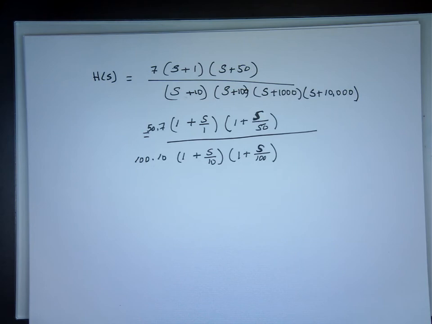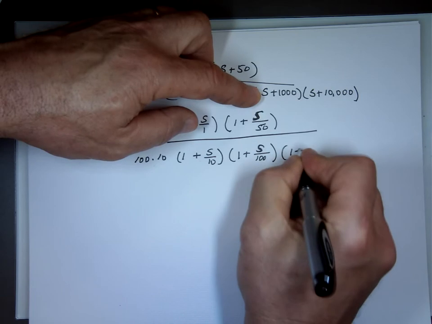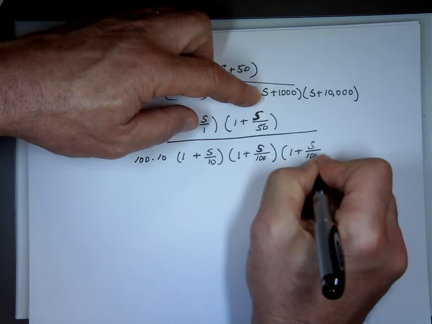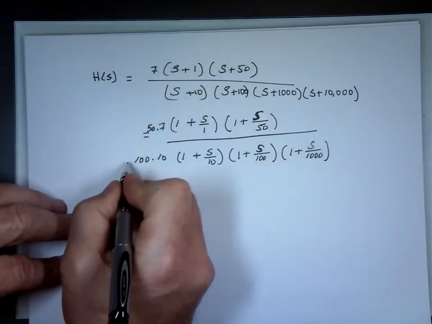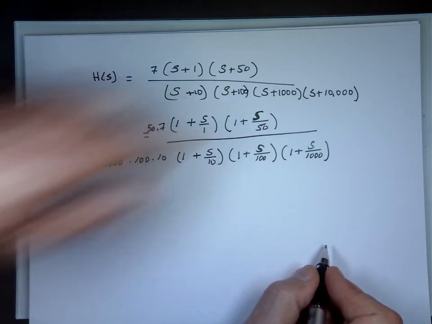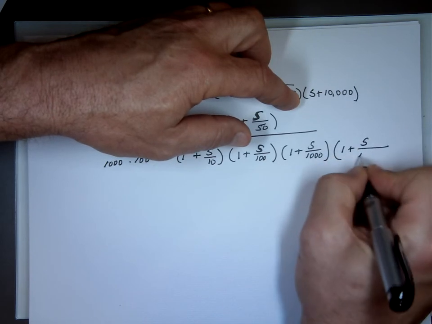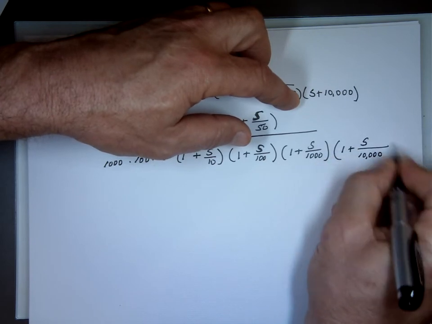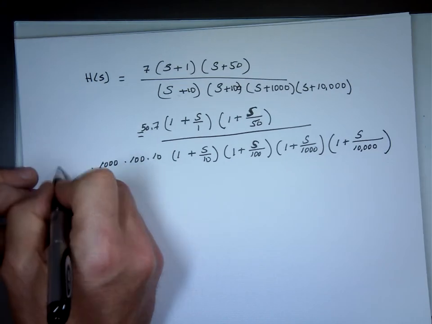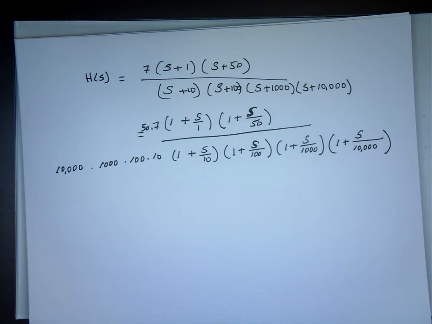I'm going to divide this by 1,000. I got to multiply this by 1,000. And this one, that's by 10,000. And I got to simplify my math. Now, get one number for that.